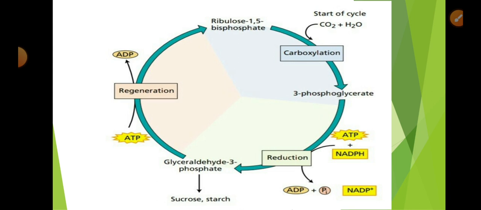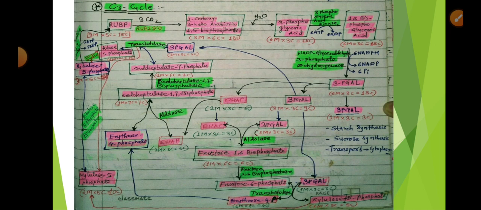So basically, the Calvin cycle operates in 3 steps: the primary stage is carboxylation, the second is reduction, and the last stage is regeneration of RuBP, that is ribulose 1,5-bisphosphate. Let's see in detail the C3 cycle.